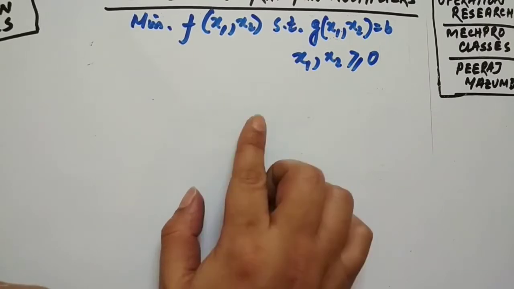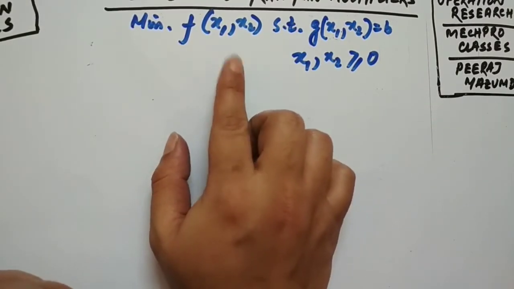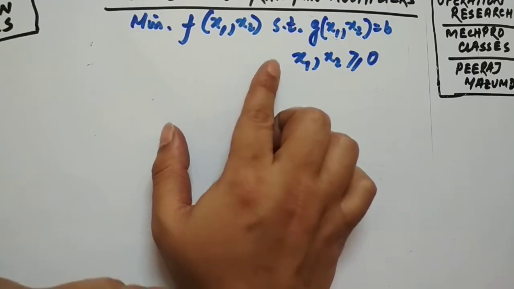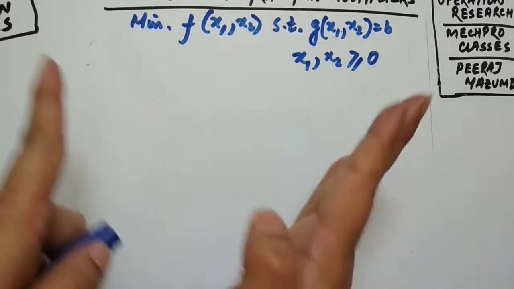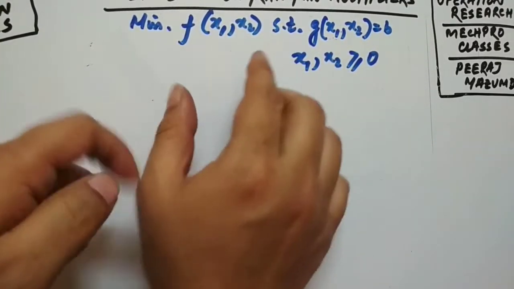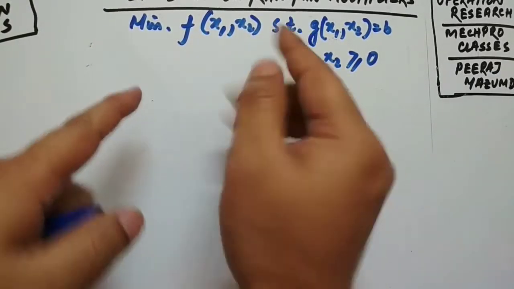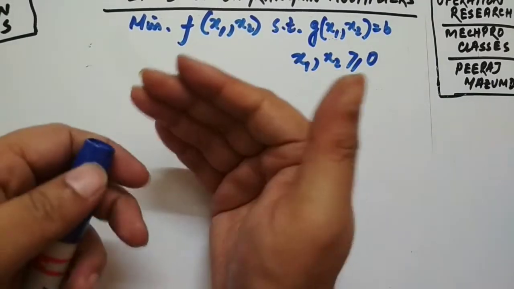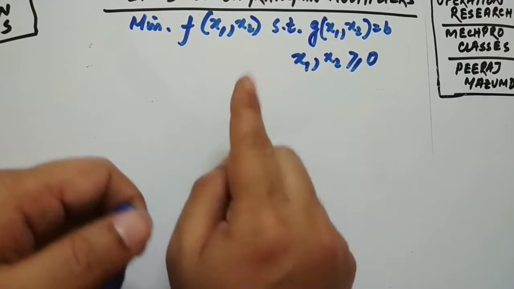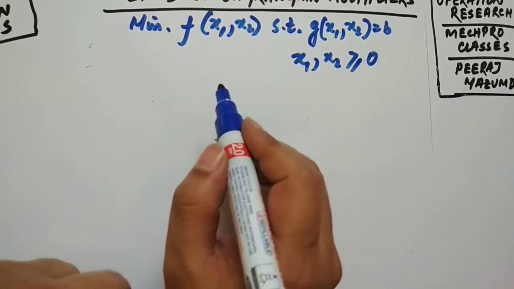Next step is we have to convert the constrained problem to an equivalent unconstrained one. So the first step is to transform the given governing equation with constraints into an equivalent unconstrained problem with the help of certain unspecified parameters, known as Lagrange multipliers.